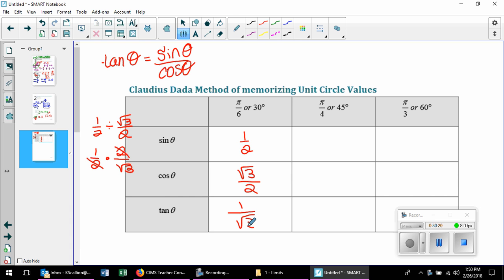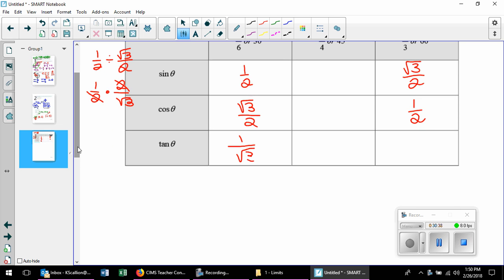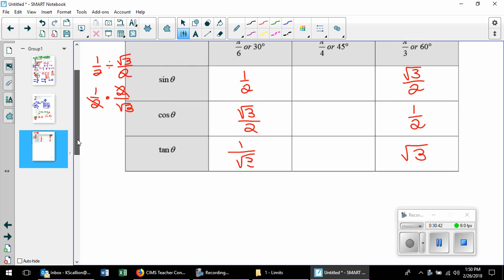Okay, let's hop down to 60 here. What's sine? What's y? What's tan? Okay, what is a quarter?